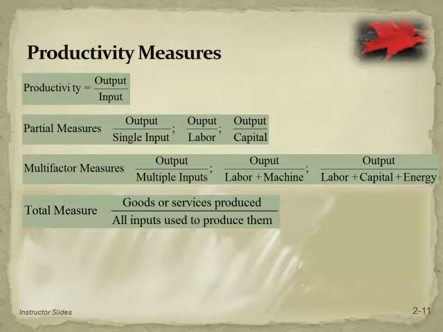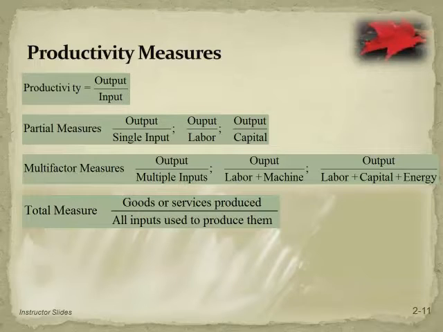A partial measure will have only one element in the denominator. For example, a productivity measure of output divided by labor. We produced 100 units, that is the output. The labor is the number of hours required to produce that. Let's say it took 20 hours of labor to produce those 100 units. So 100 divided by 20, that partial productivity measure would be 5.